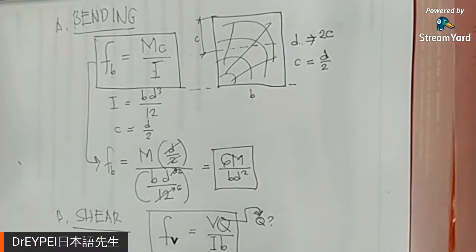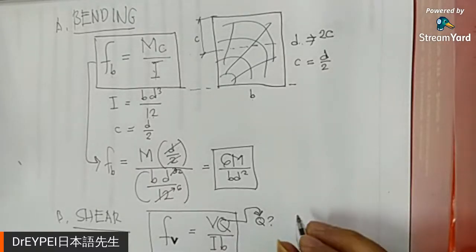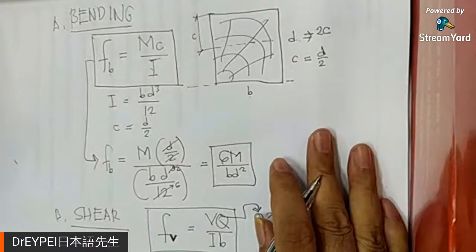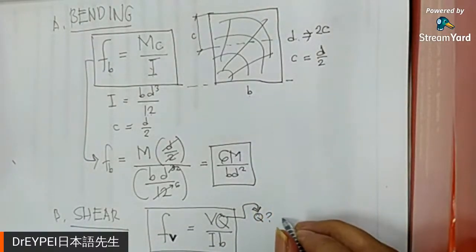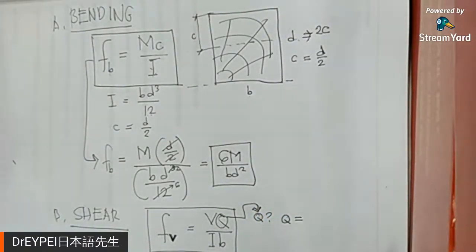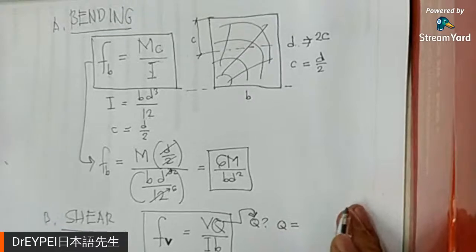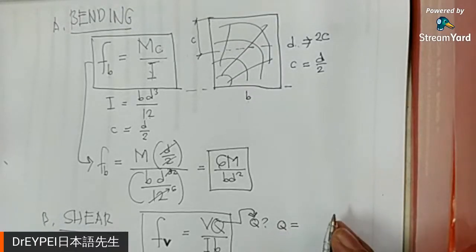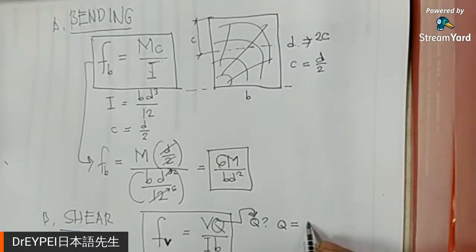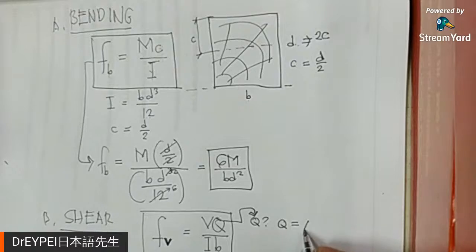If you can still remember the Q that I told you, I only gave you the technical definition, but Q can be expressed mathematically. Since it is a moment of area, therefore area times moment arm.